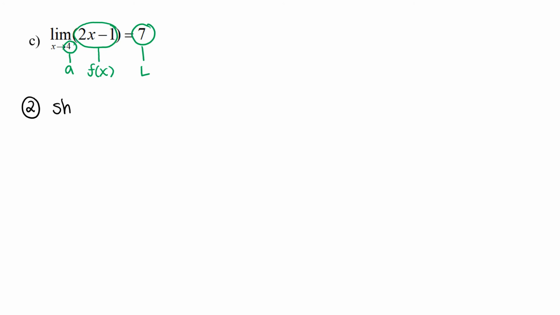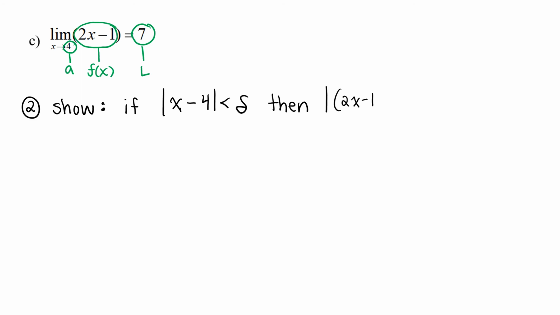So we want to show that if the distance between x and a, so x and 4, is less than delta, then the distance between f of x, which is 2x minus 1, and L, which is 7, is less than epsilon.